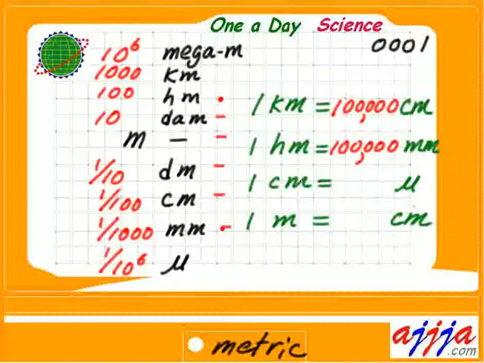What about 1 centimeter? 1 centimeter is right here, to 1 micrometer, right there. Now, all we have to count is how many zeros, right? From here, look at this one. 2 zeros right there, right?